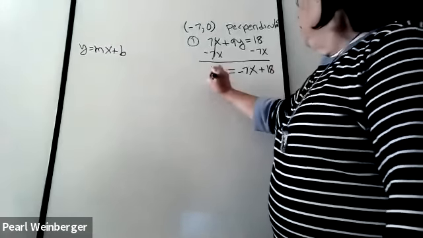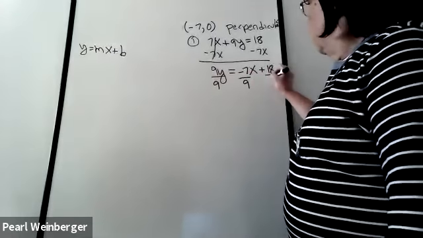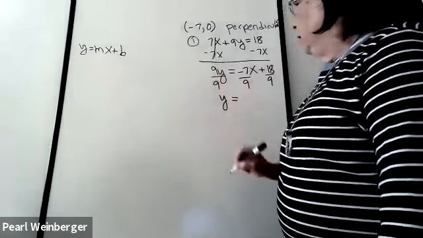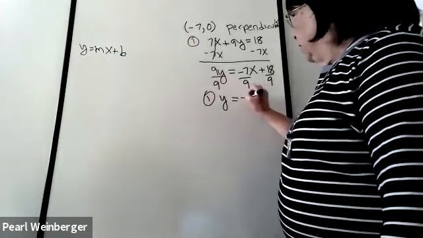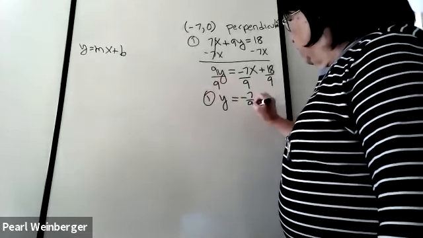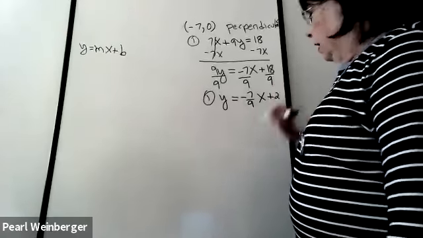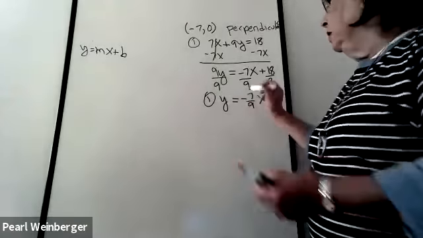And then I'll divide everything by 9. So in y equals mx plus b form, my line 1 is y equals -7 over 9 x plus 2, since 18 over 9 is 2.